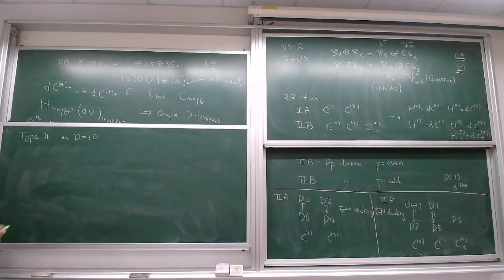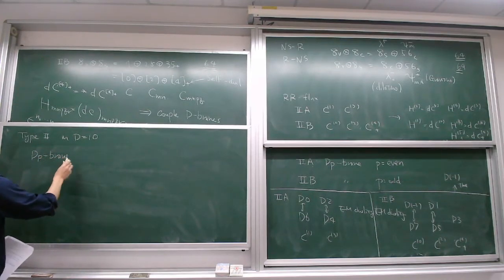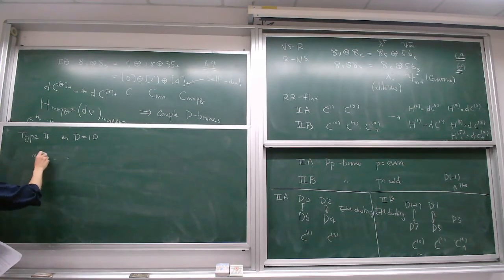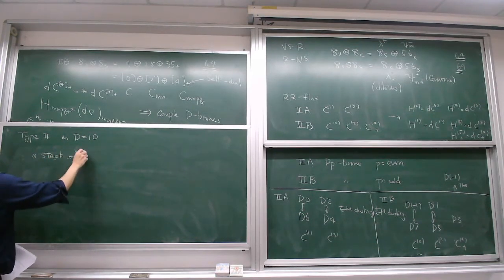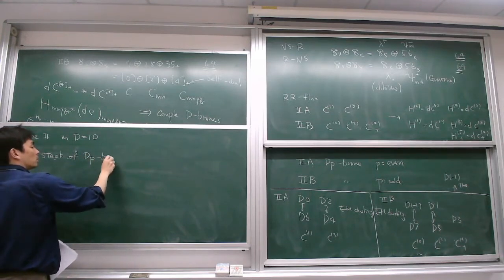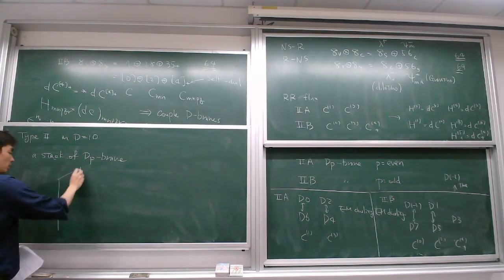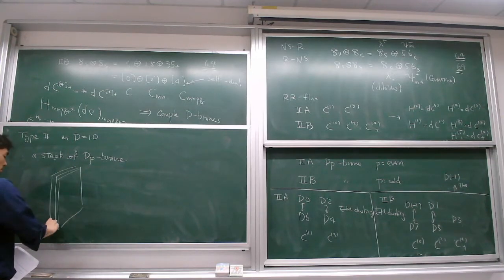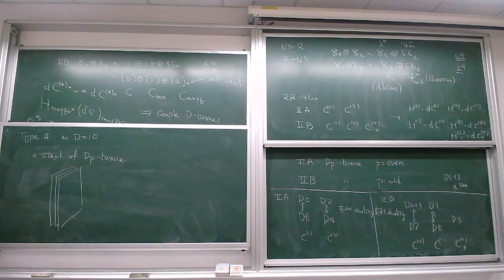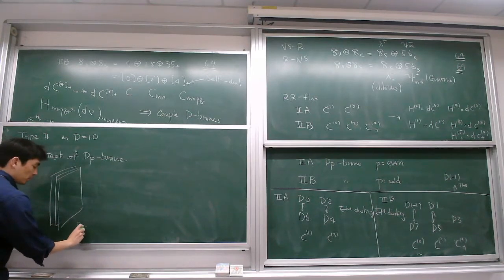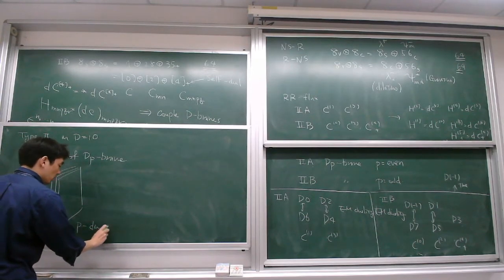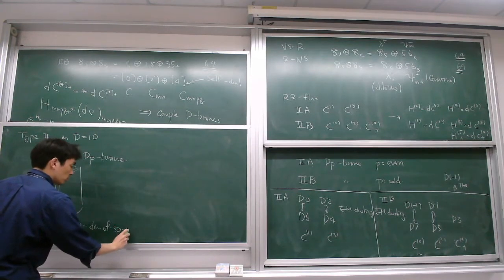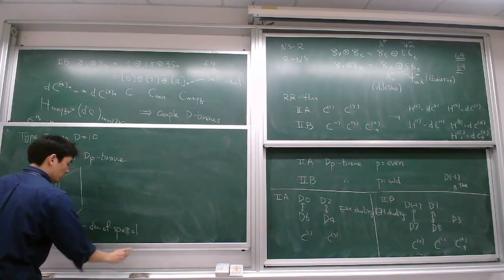So a Dp brane is a stack of D branes, spatially. P is the dimension of the spatial direction.